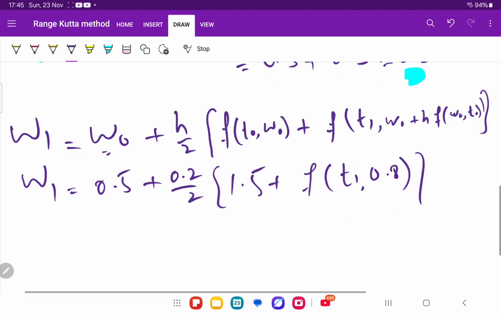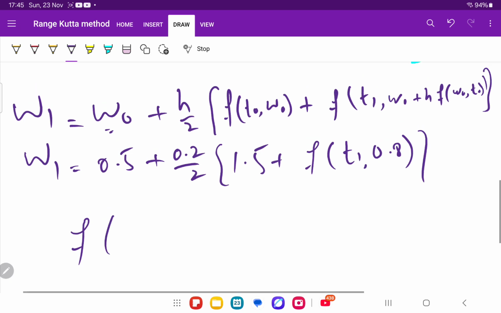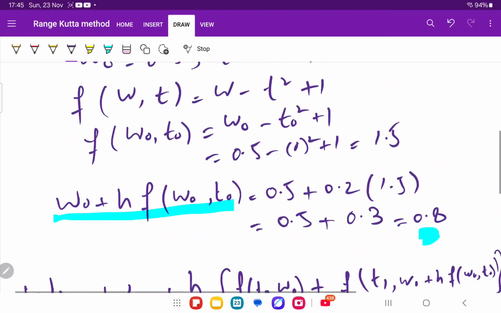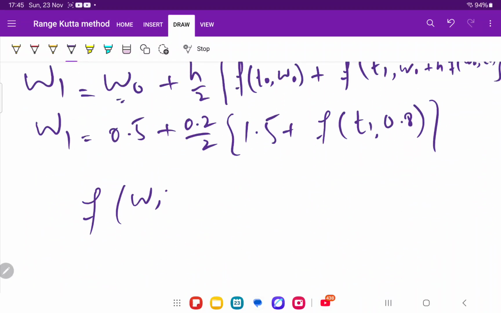So it means that we need to calculate the function, f of w, t, which is equal to w minus t square plus 1.